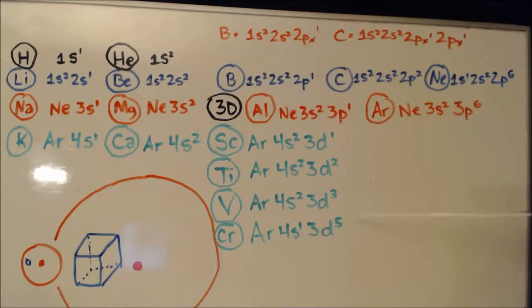The reason why is, if you think about it, either you have all your d's filled up with 1 electron, and your 4s only has half. Or you could do it the way they kept doing it, and you'd have your 4s filled up completely, and you'd have your 3d having 4 electrons, 1 electron in every lobe except for 1.